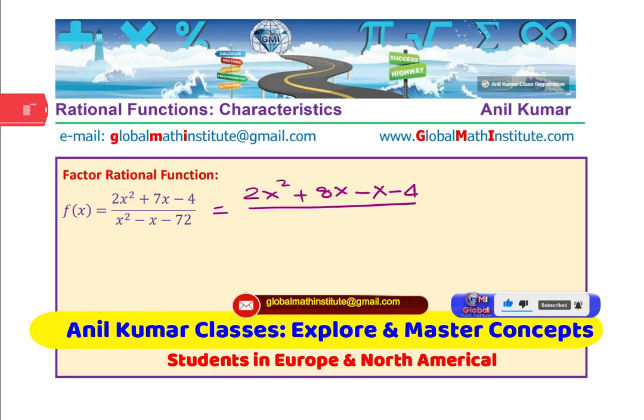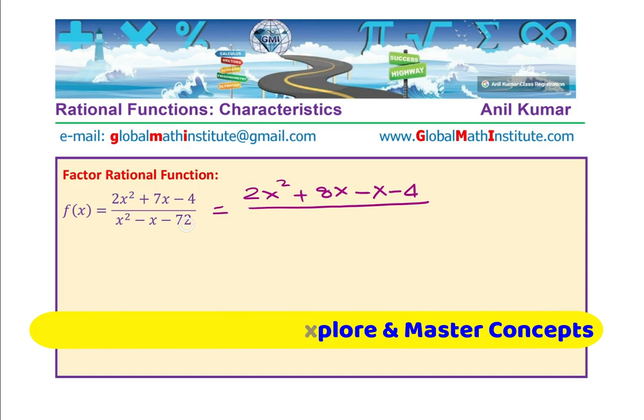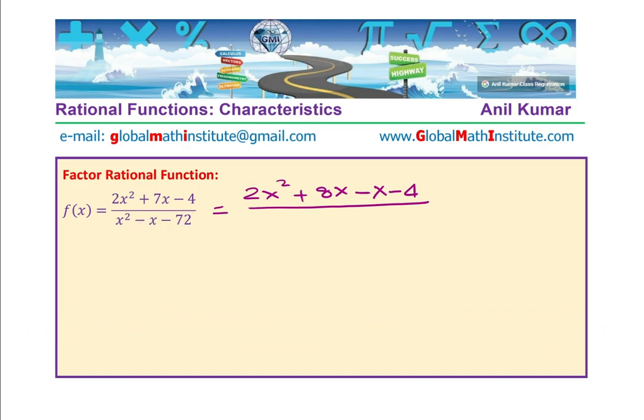And the denominator, you could factor directly. We have minus 72, 8 times 9. Since we have minus x, 9 will be negative. So we have x minus 9 times x plus 8. Now that explains why there are vertical asymptotes at plus 9 and minus 8. Correct?